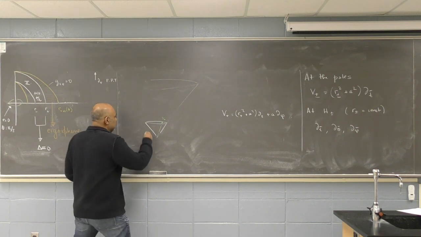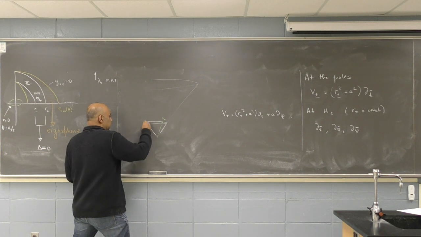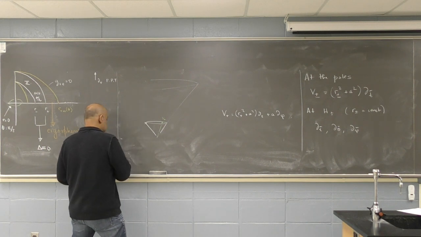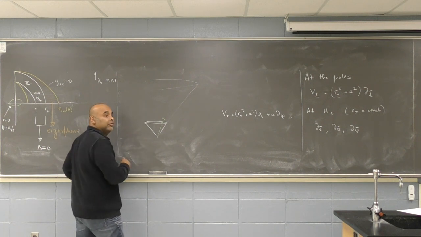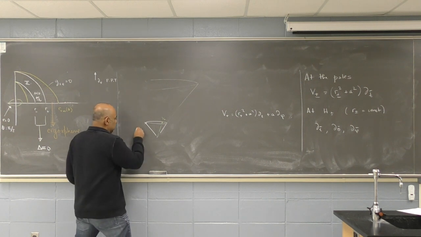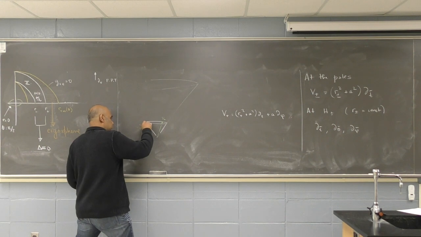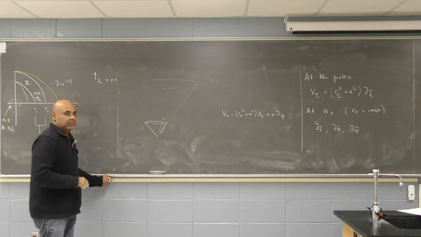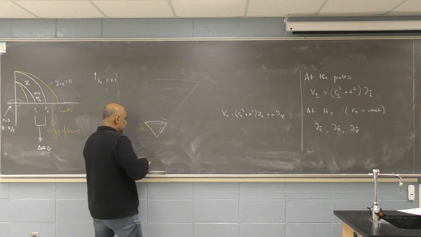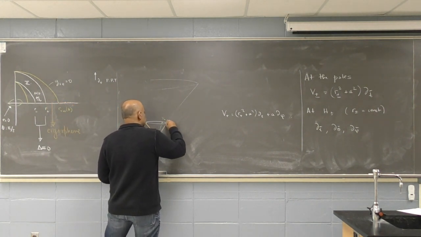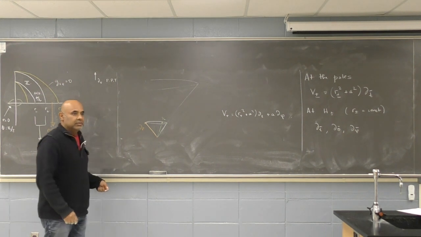And what is this guy? The infalling null geodesic. Vector field. Oh, you can make it this too. This is also V plus.